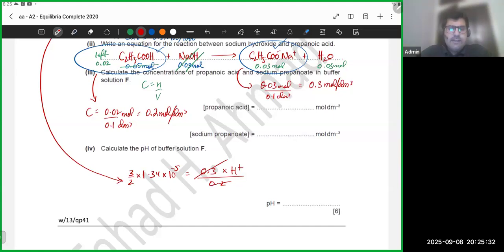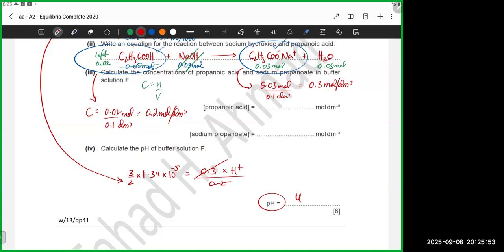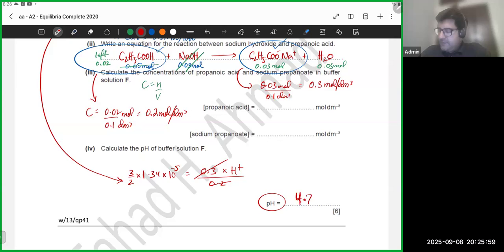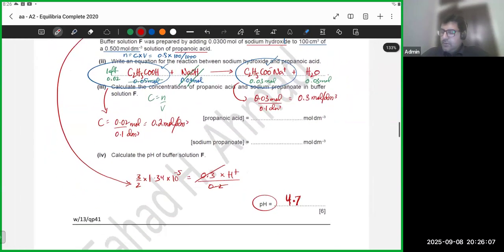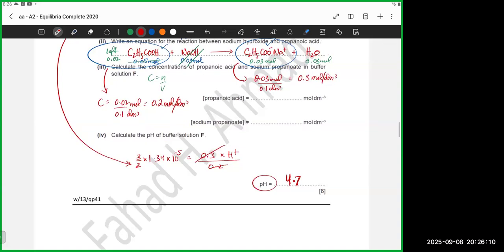You just work out what 3 by 2 times 1.34 is, and then take the negative log as well. The pH is 4.7. Is everyone getting 4.7? So it's 4.7, right? Yes, it's 4.7. Okay.